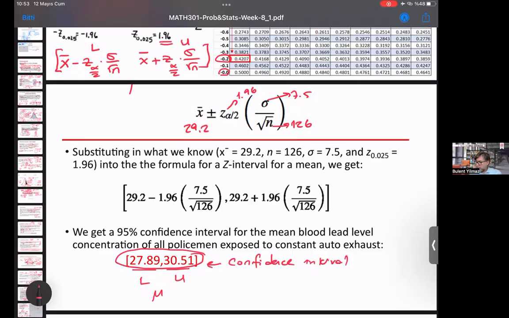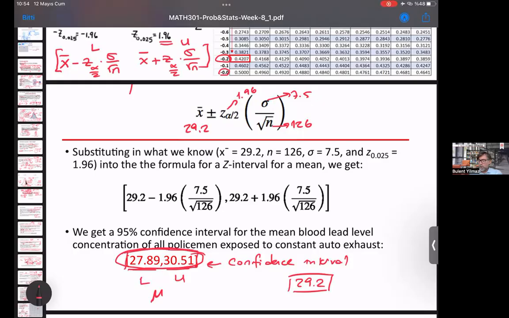If I had a sample mean like 29.2 and made the sampling many times, I can see that 95% of the time this mu, for policemen who have constant auto exhaust, the blood lead level, will be in this range.